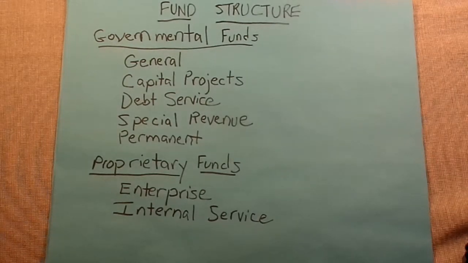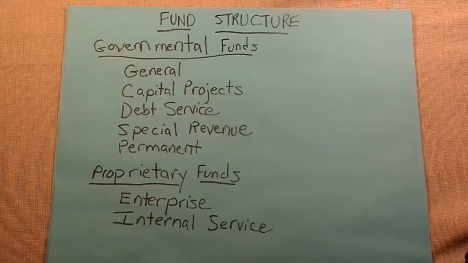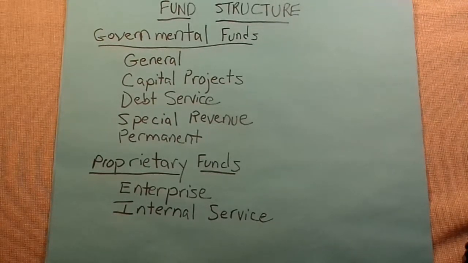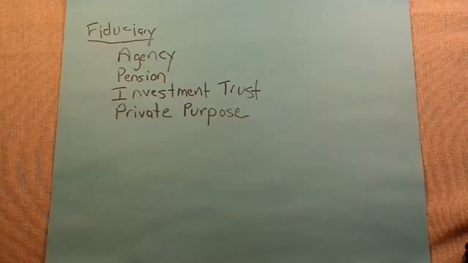Proprietary funds have a similar sound to for-profit organizations, and we see that two basic proprietary funds are enterprise and internal service funds. Finally, there are certain types of fiduciary funds, agency funds, pension funds, investment trust funds, and private purpose funds.